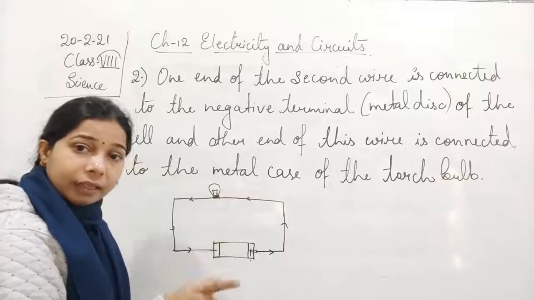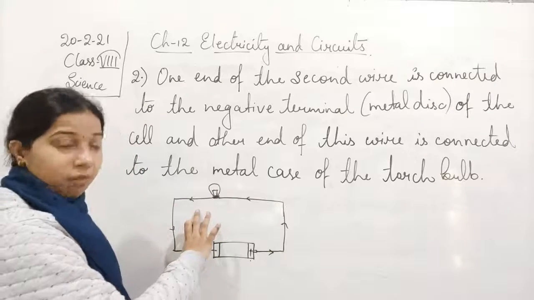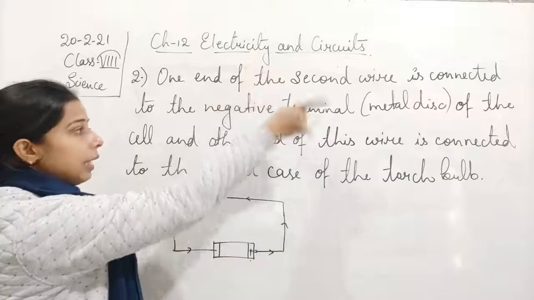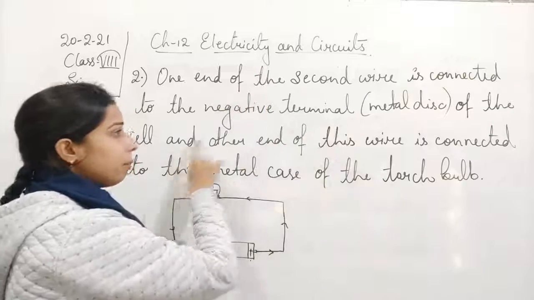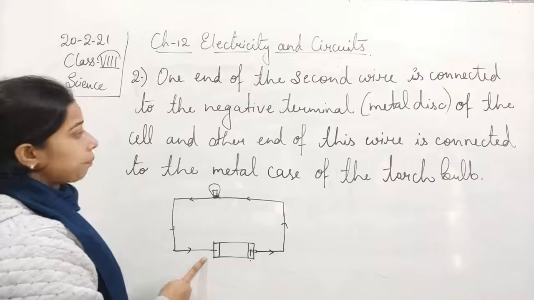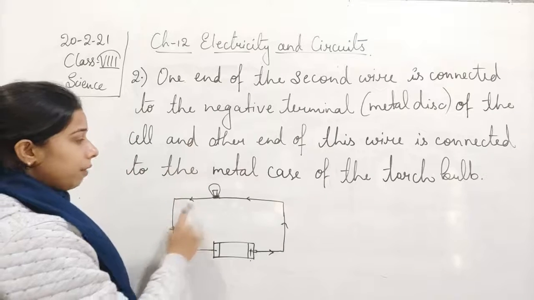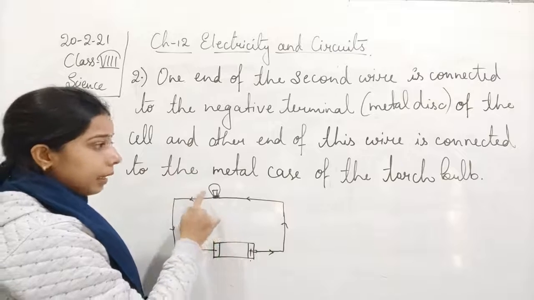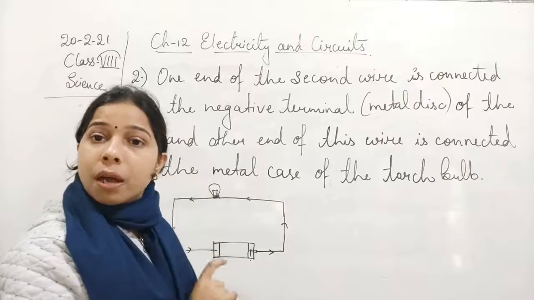The other wire, the second connecting wire, is connected to the negative terminal, that is the metal disc of the cell, and the other end of the wire is connected to the metal case of the torch bulb.